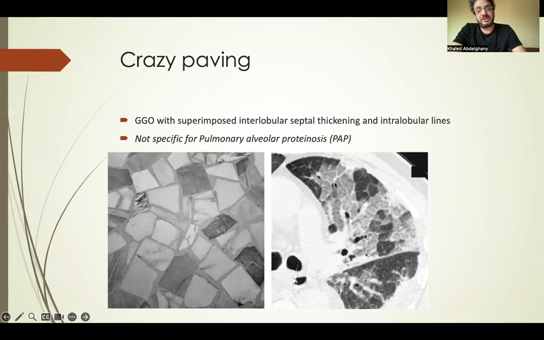Initially, there are ground glass opacities within the lung parenchyma, with interlobular septal thickening bounding it, giving this appearance. Areas of normal lung lie beside areas of ground glass opacity bounded by interlobular septal thickening, and sometimes it also shows intralobular septal thickening as shown here. It's popular for pulmonary alveolar proteinosis, where it was first described, but later on it can be seen in any entity causing acute or chronic ground glass opacities.